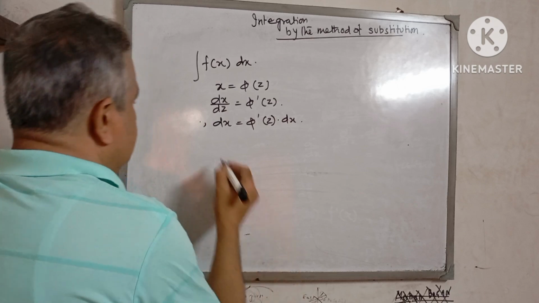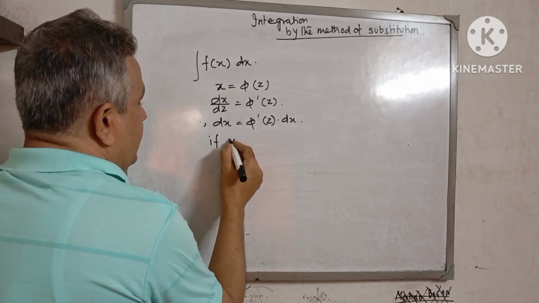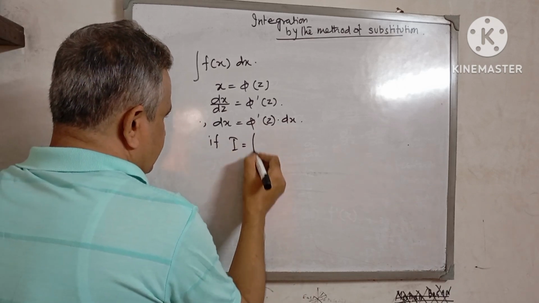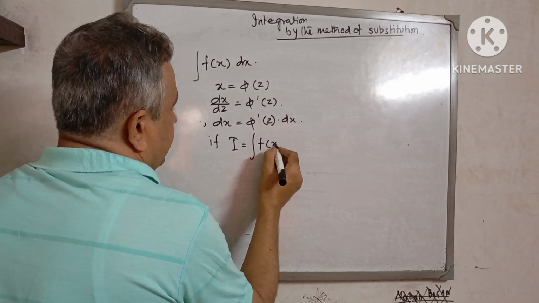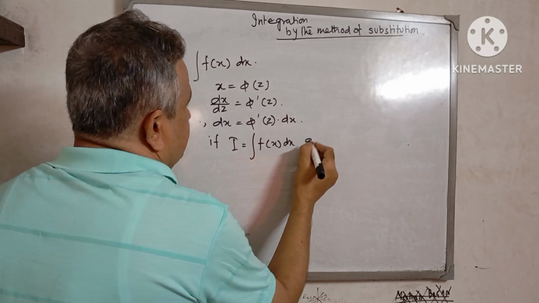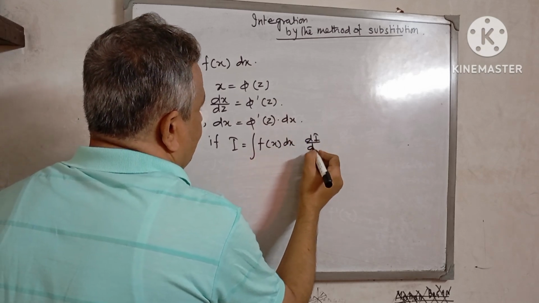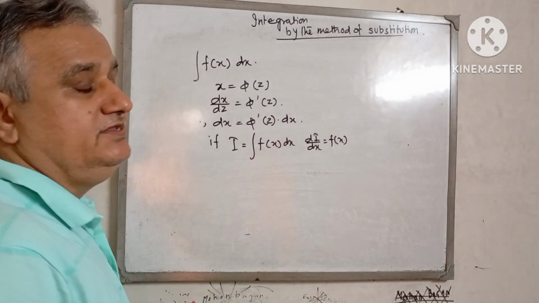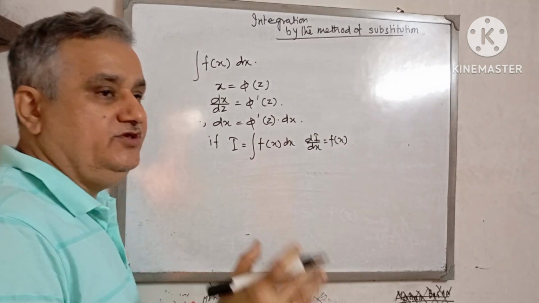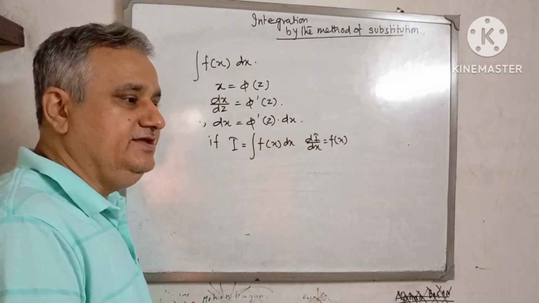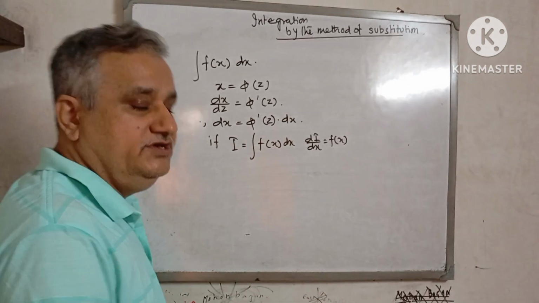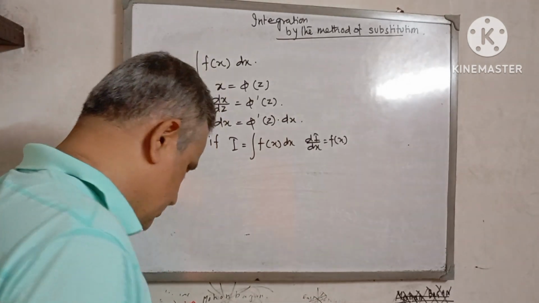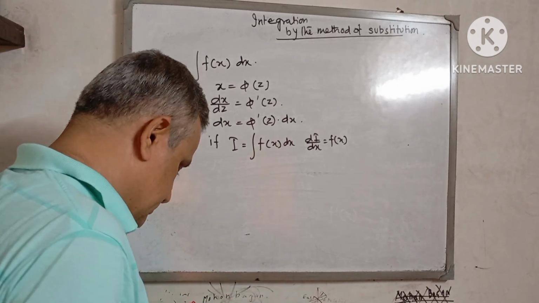Now if I is equal to the integral of f(x) dx, then dI/dx is equal to f(x), because integration and differentiation are reverse processes. If we differentiate a function, then integrate it, it becomes the original function.